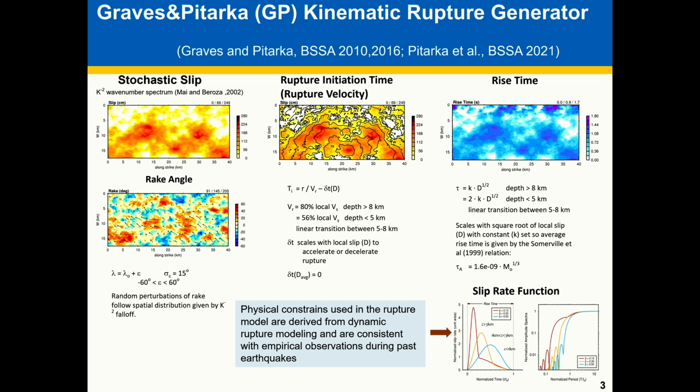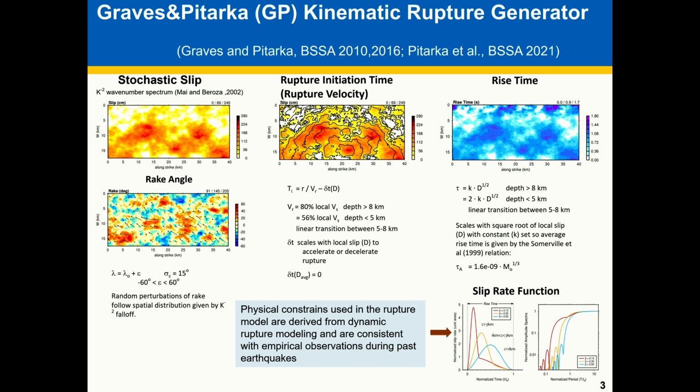And so the rupture generator from the very beginning was designed on these two pillars. One is to correctly represent physics-based simulations using dynamic rupture modeling, but also try to correlate some of the parameters that are characterizing the kinematics using what was observed in the past from kinematic rupture models that were inverted from the near-fault ground motion of large and small earthquakes.